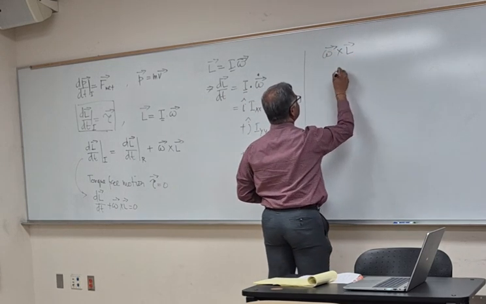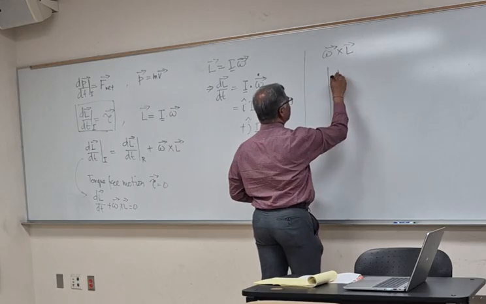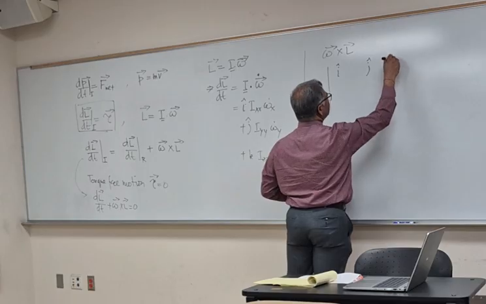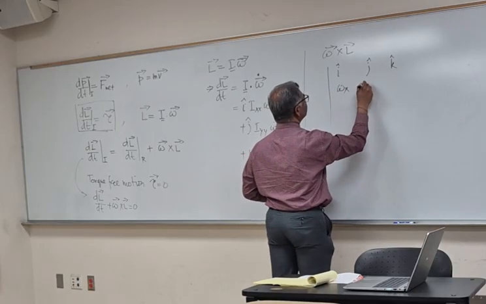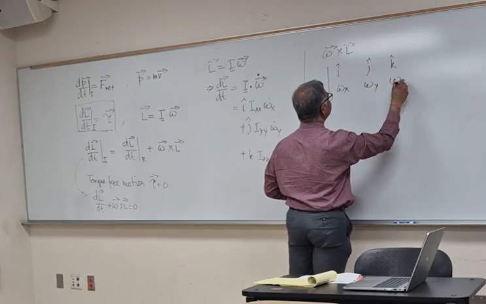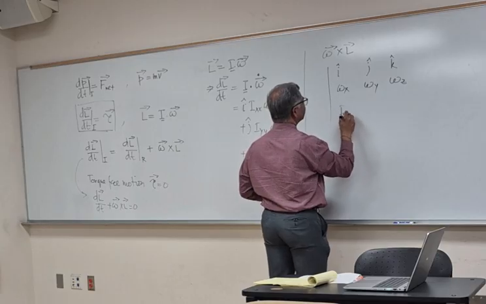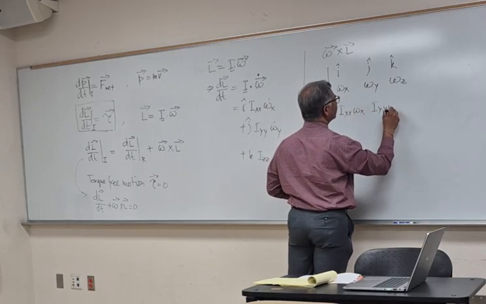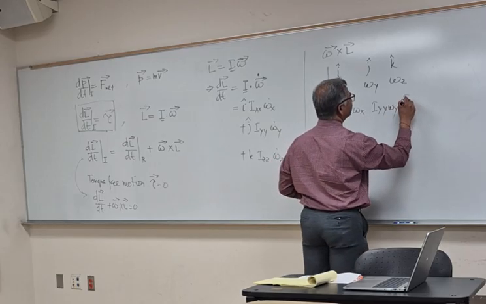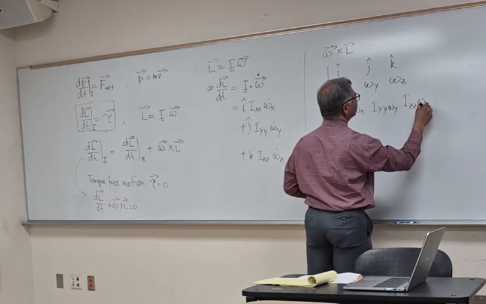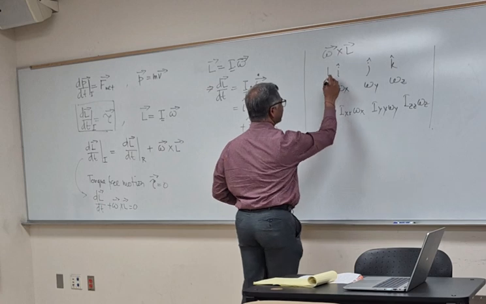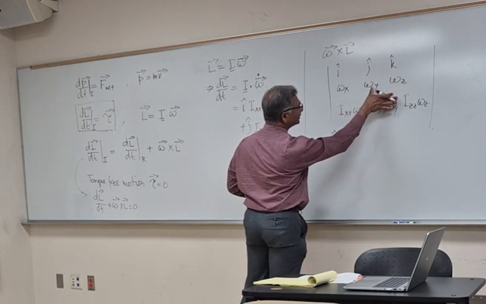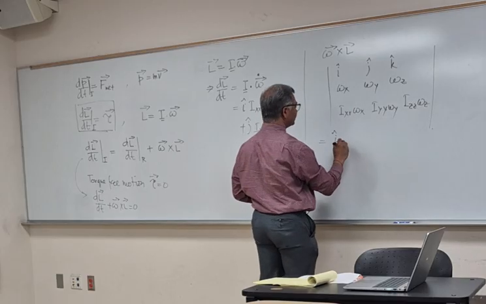we get it, if we break it down into the traditional determinant form, omega_x, omega_y, omega_z, and then I_xx omega_x, I_yy omega_y, and the third term I_zz omega_z. Then these two are multiplied by these two.